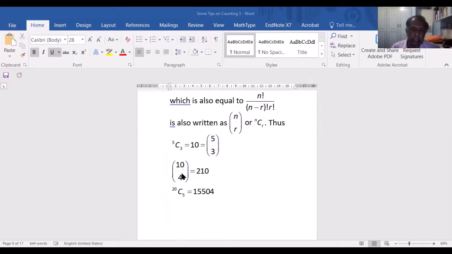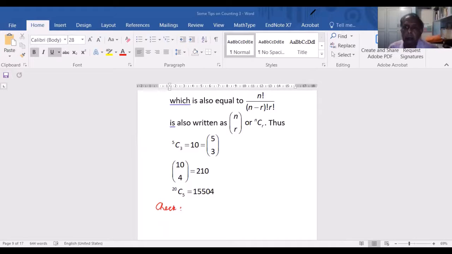I'm reading this as 10 choose 4 now. Or we saw in the last example 20 choose 5 is 15,504. And if you use your calculator, you can actually verify this. There is a symbol on your calculator. If you look for the symbol, you'll see nCr, and check.